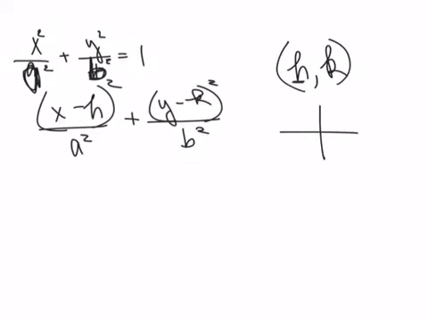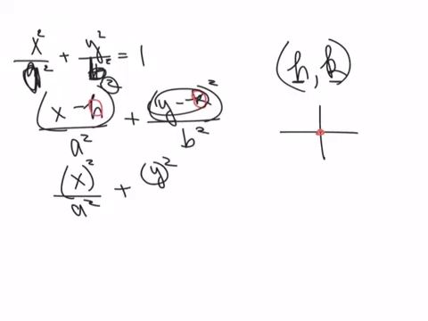So h is the x, k is the y. Okay? So when the center point of the ellipse is on the origin, this h here is 0, and this k here is 0. So when you write the equation, instead of writing x minus 0, you just write x squared over a squared. And then this was y minus 0, so you don't have to write the 0.